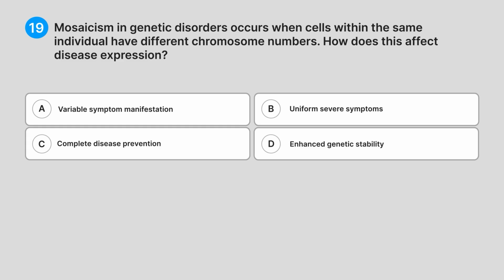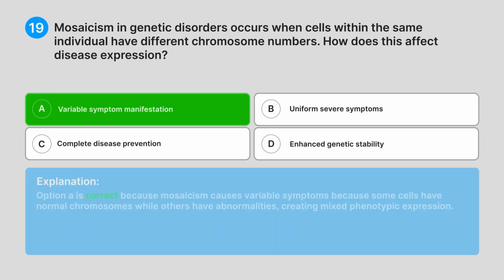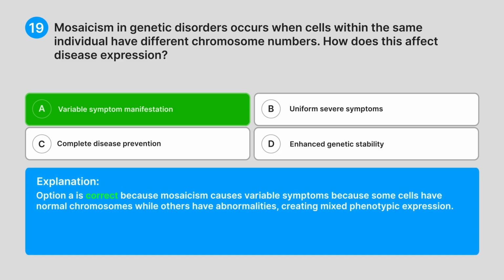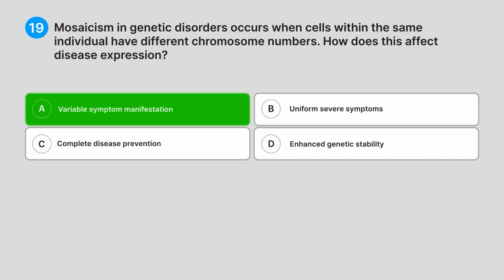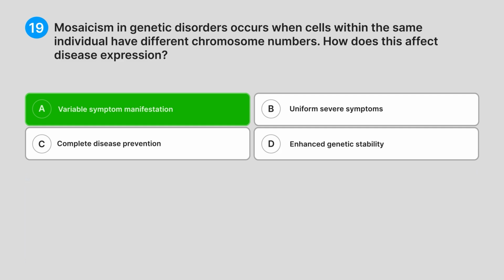Correct answer: A. Variable symptom manifestation. Explanation: Option A is correct because mosaicism causes variable symptoms because some cells have normal chromosomes while others have abnormalities, creating mixed phenotypic expression. Option B is incorrect because mosaicism typically causes milder or variable symptoms, not uniform severe manifestations throughout the body.